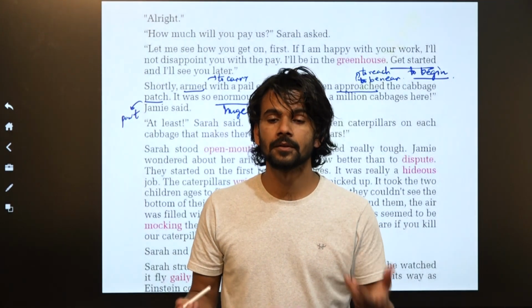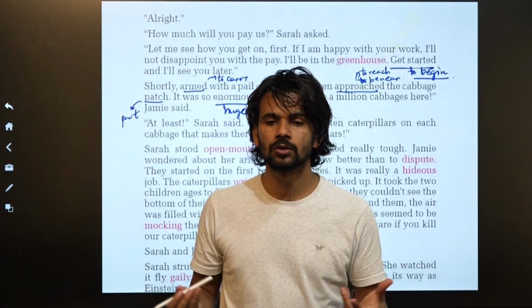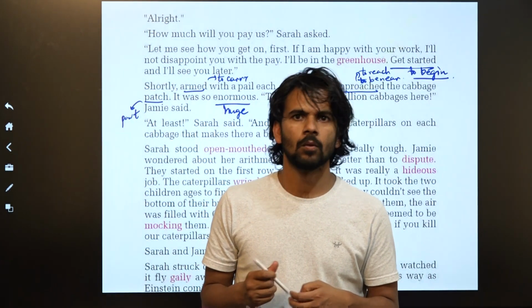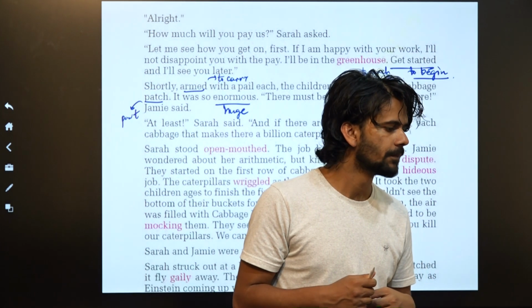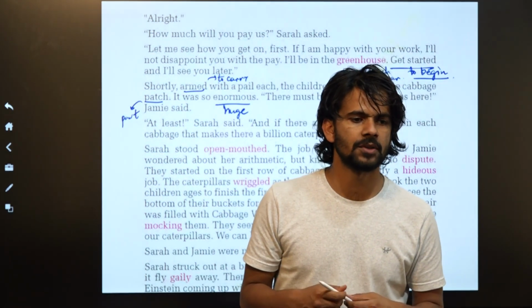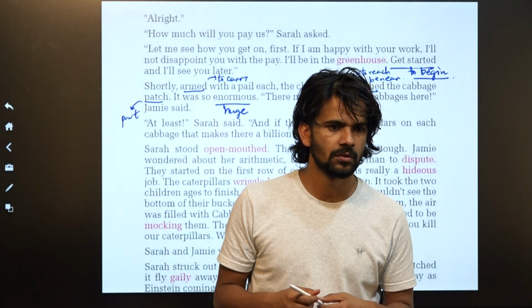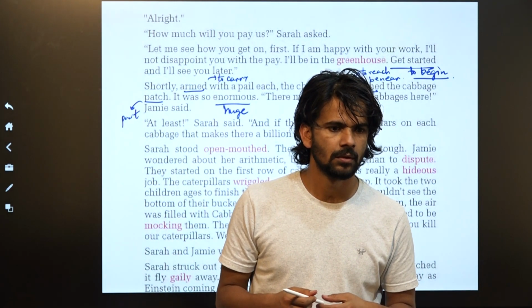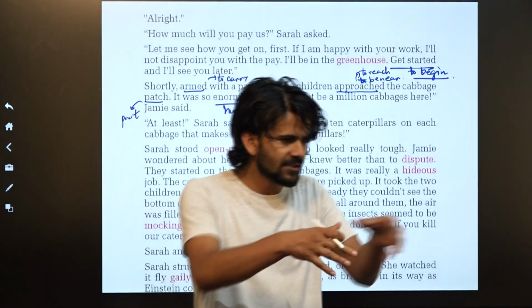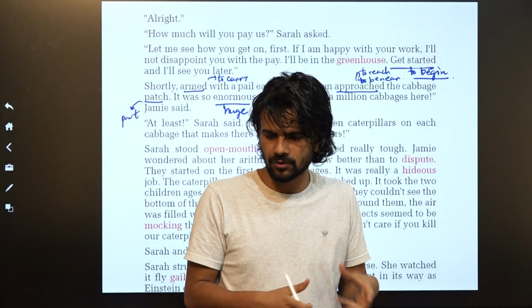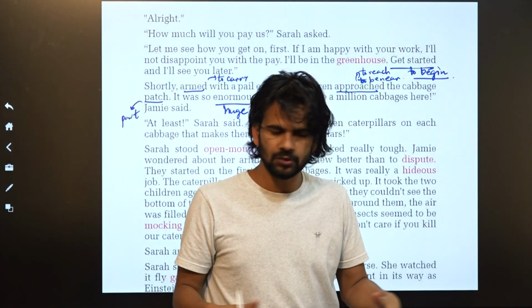What was huge? Pushpa, what was huge? Cabbage was huge. The place, the spot where the farmer grew cabbage was huge. It was not a small place.